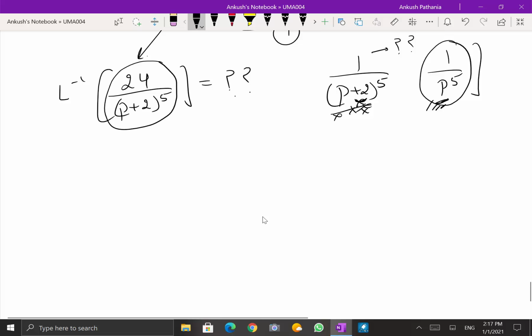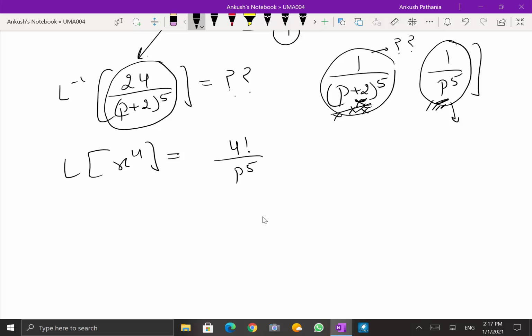How? From here I identified that it is related to the Laplace of x raised to power 4. So this is 4 factorial upon p raised to power 5. Now I will use the first shifting property, because ultimately I have to find the Laplace inverse of this function. The constant 24 can be adjusted.